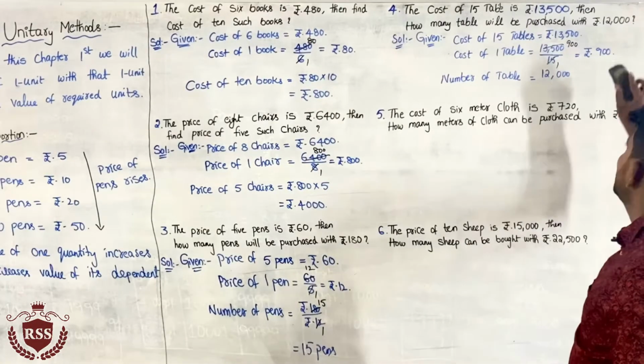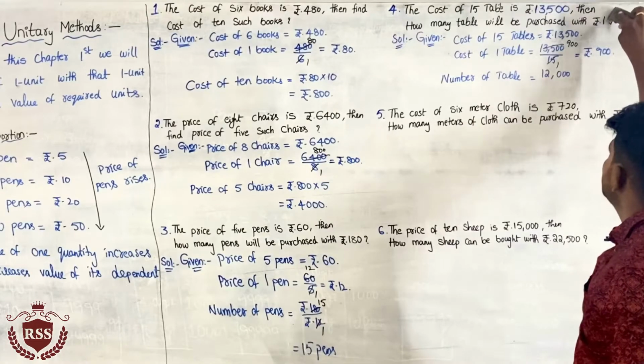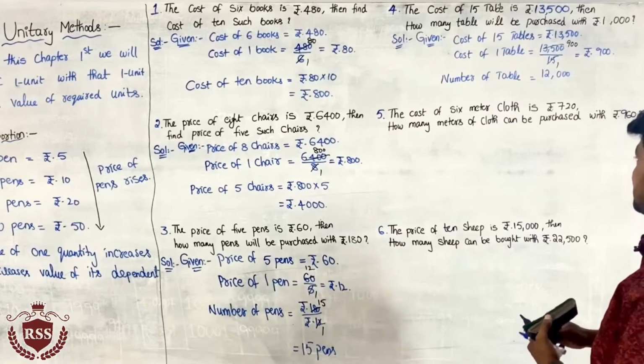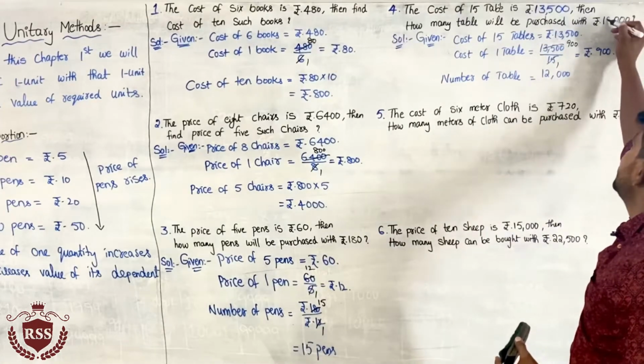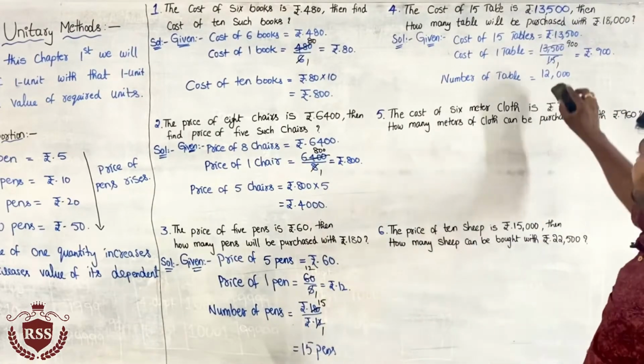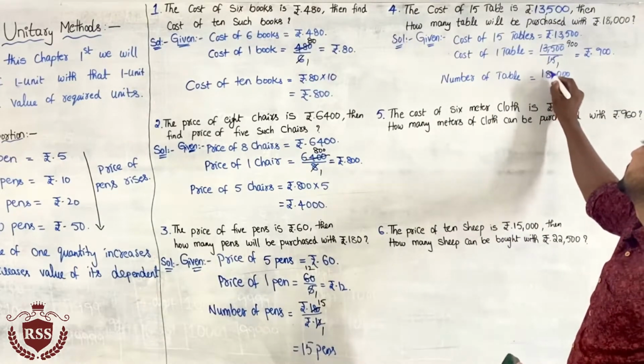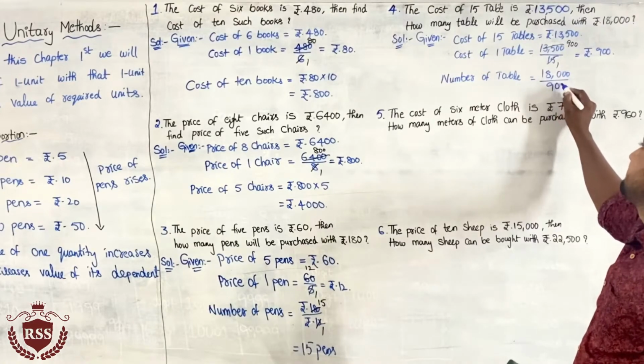So it is better to take 18,000, not 12,000. Let's take 18,000. So 18,000 by 900.